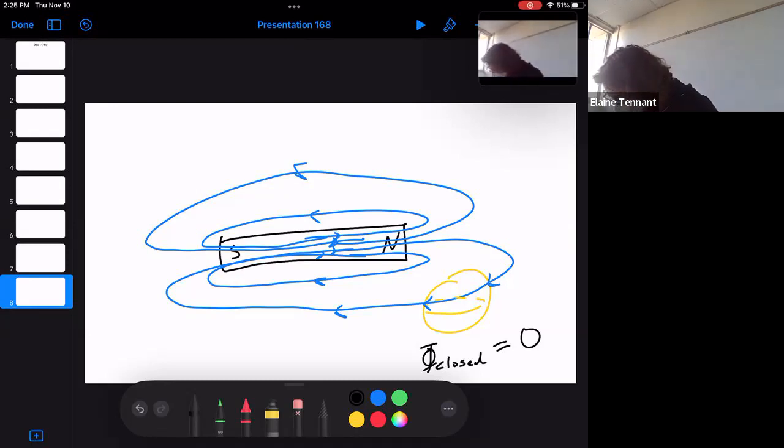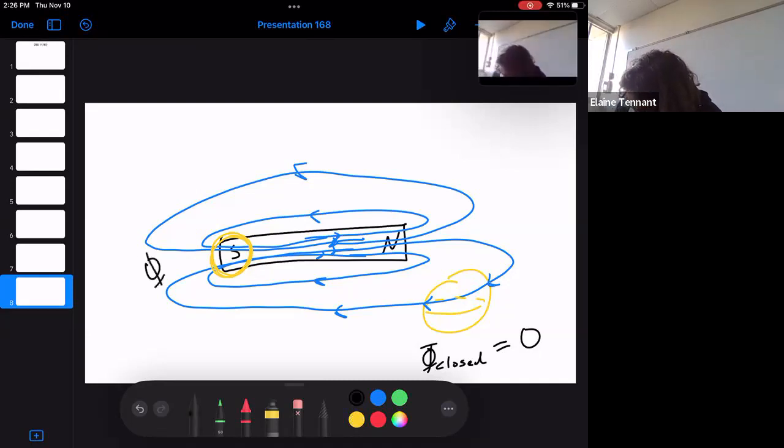Okay, what if I made a closed surface right there? How many lines go into that surface? Right now? Yeah, right now. 4. And how many lines go out of that surface? 4.